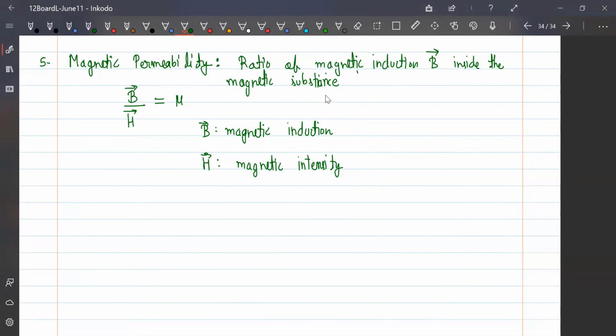So वहाँ पे भी similar mathematics होती है, but that's not in your syllabus. Ratio of magnetic induction B vector inside the magnetic substance to the magnetic intensity, and that is H vector of the magnetizing field.